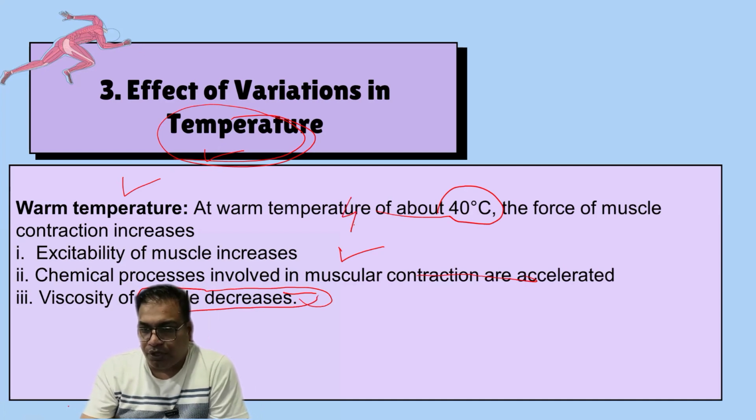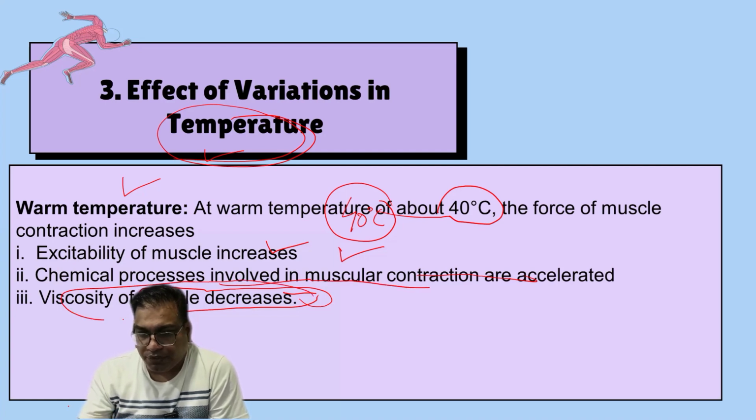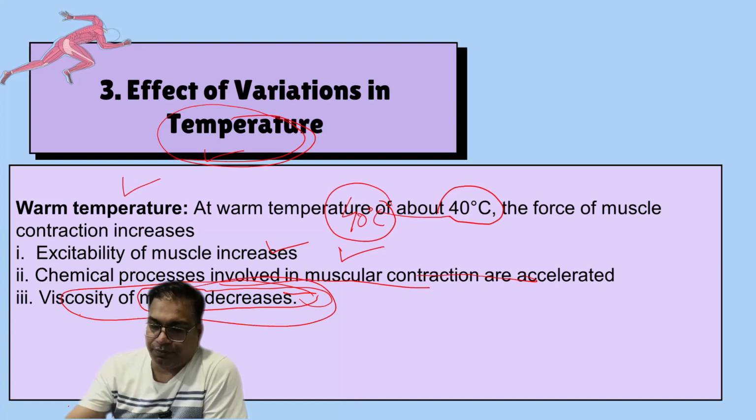So this temperature causes excitability in muscles, the chemical processes involved in muscle contraction are accelerated, and the viscosity of muscle decreases.